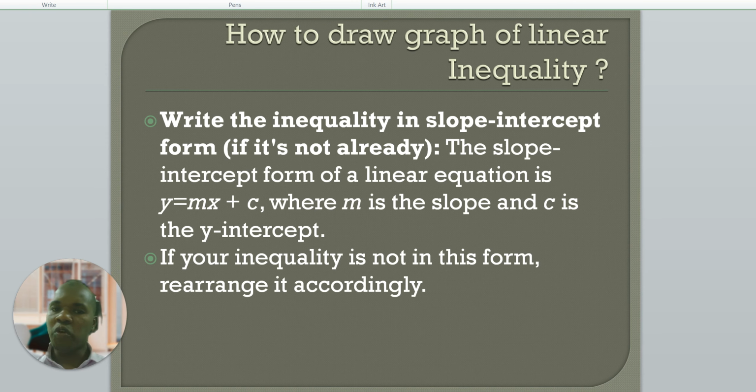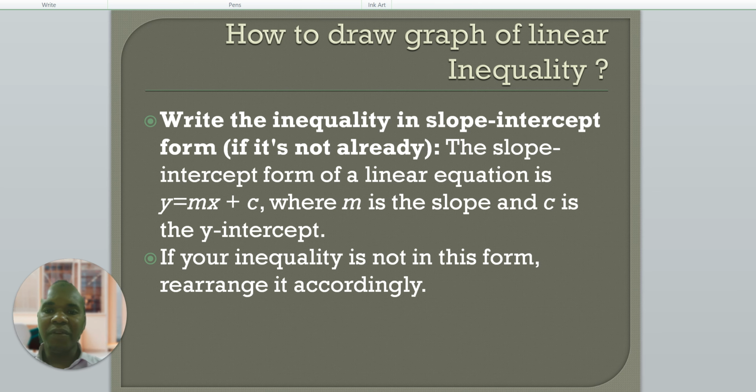So how to draw a graph of a linear inequality? First of all, the easiest way for you to do this is to write the inequality in slope-intercept form. By just writing it, you are not yet done.